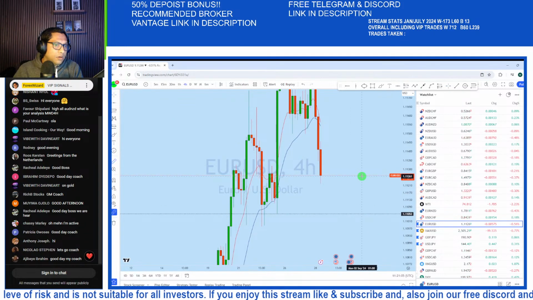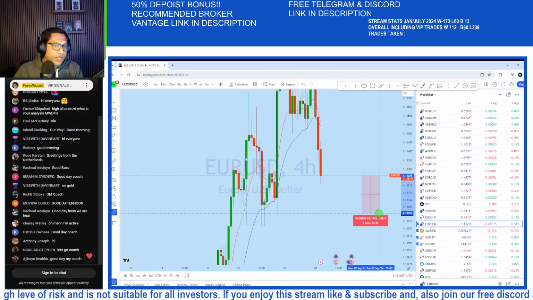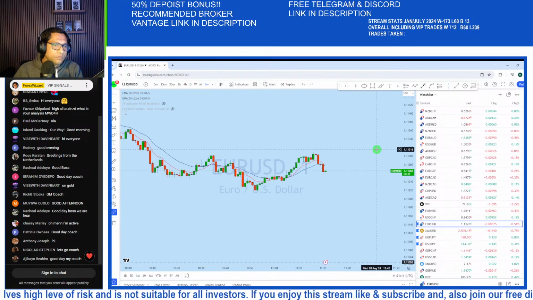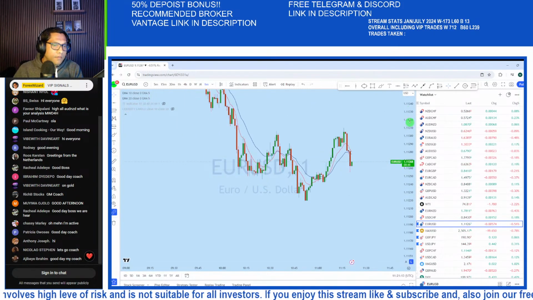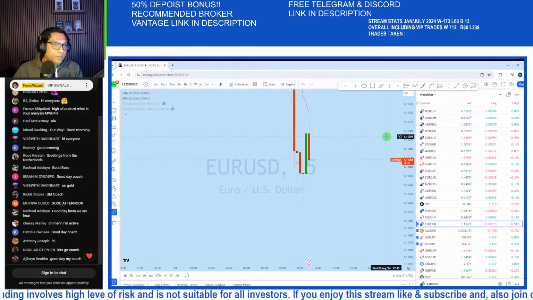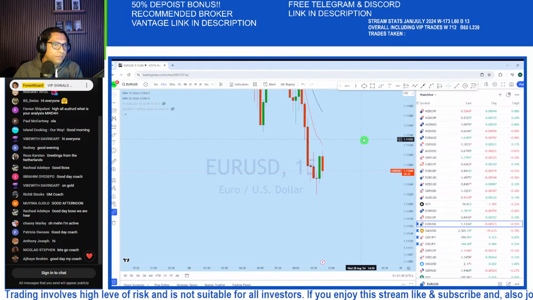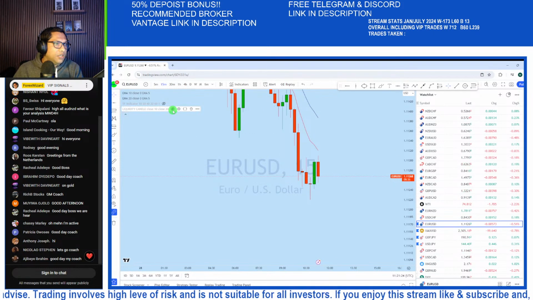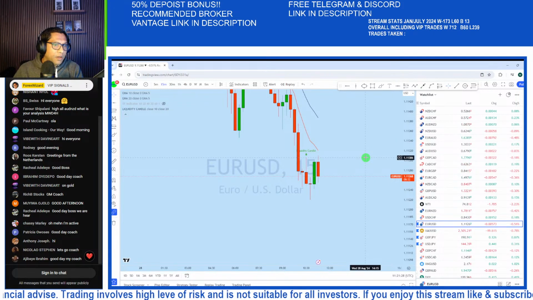So let's see how far we can expect on EURUSD. There is a liquidity candle, and then we have seen a break of the liquidity candle.